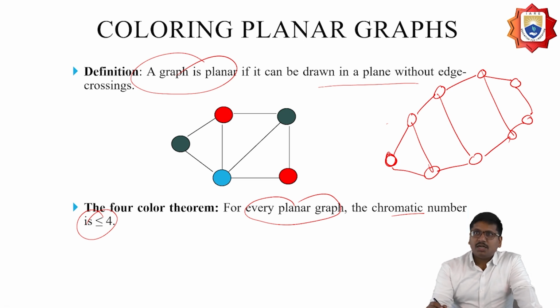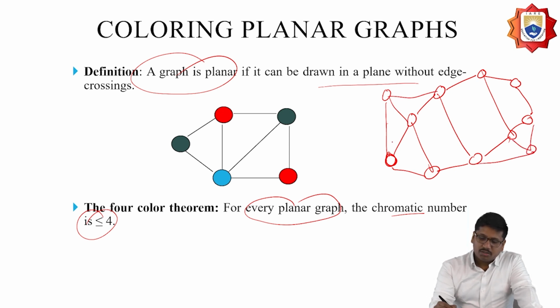So consider this graph. In this graph, I'm going to draw a vertex here. In this vertex, I'm going to take the first curve and find out whether it should be less than or equal to 4 or greater than or equal to 4.